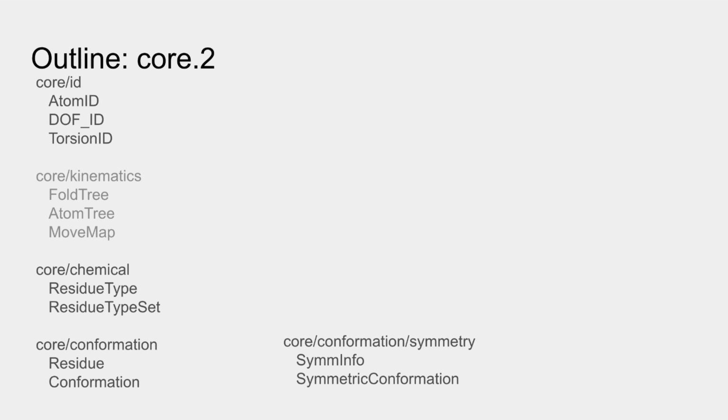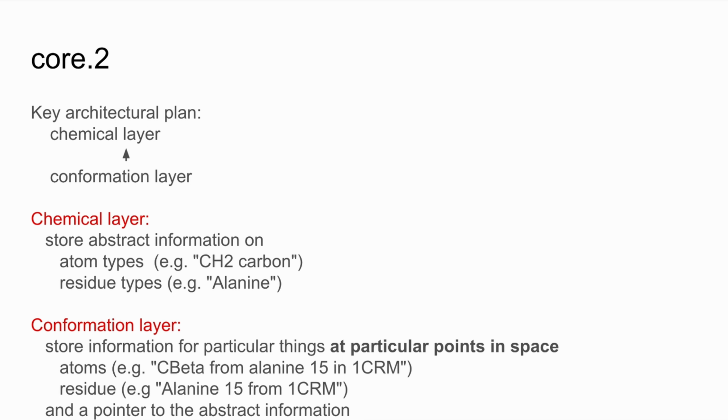Now we're in core 2. Okay, we're getting there. Atom IDs and so on. So let's see. So core 2, there's the key architectural plan. You have a chemical layer, and then you have a confirmation layer on top of that. And what that means is the chemical layer really stores abstract information on atom types. For example, you have the CH2 carbon or residue types. You have like a generic alanine, right? And that's really just abstract.